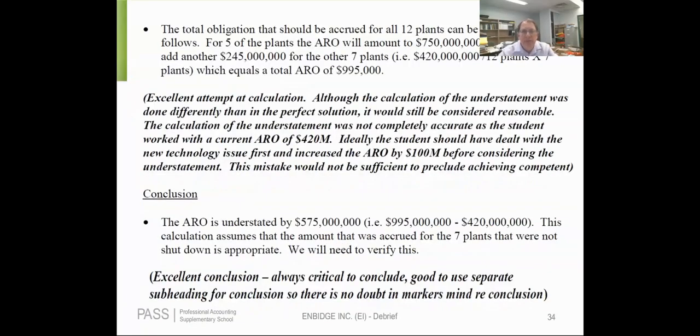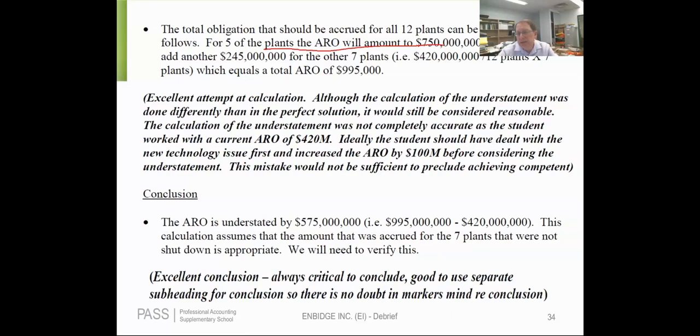Total obligation. Again, this is not the only way to do it, people. There are other ways. Total obligation would be accrued for all 12 plants as follows. 5 are $750, plus you have to add another 245. So where are we getting 245 from?